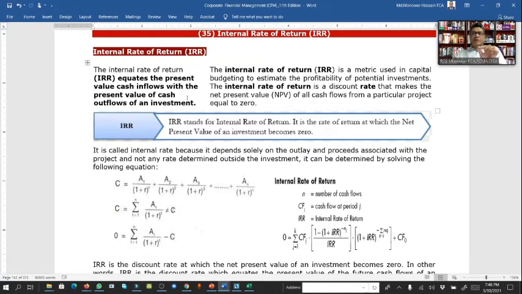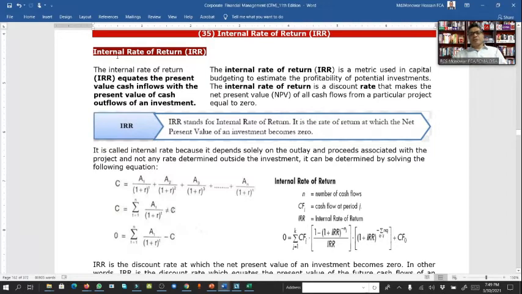That means whichever point would be the 0, that is the IRR. So IRR stands for internal rate of return, the rate of return for which the net present value of an investment becomes 0.